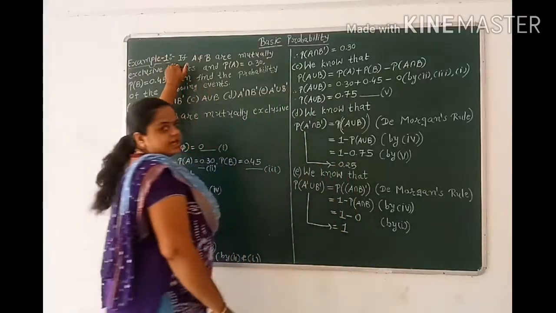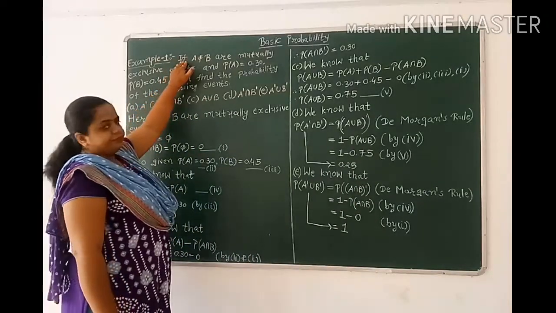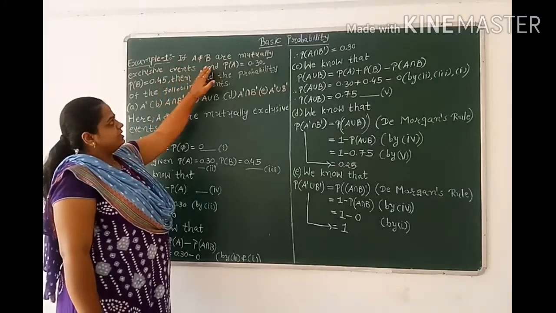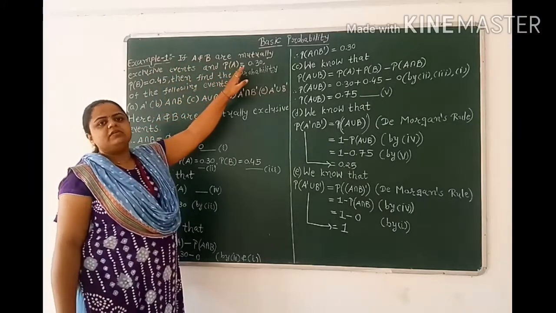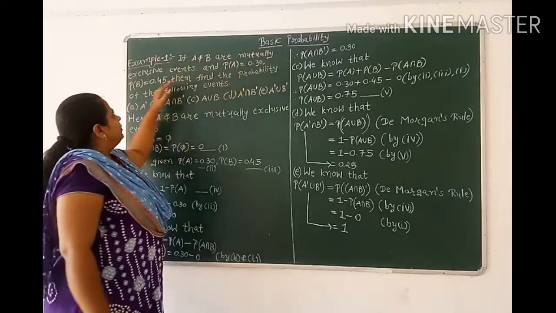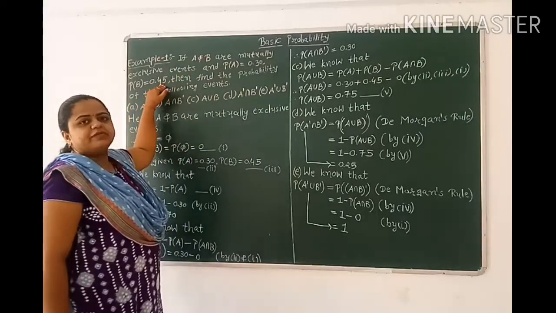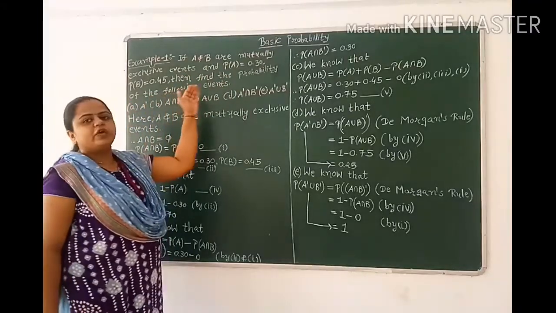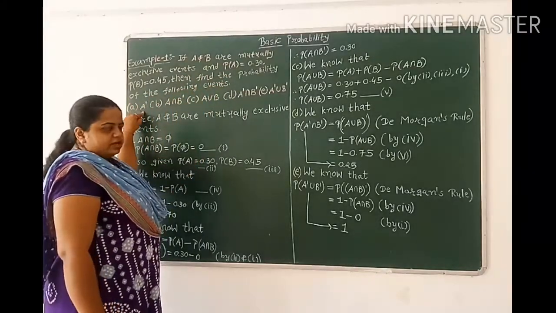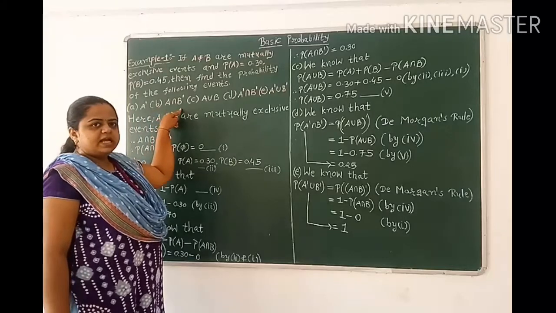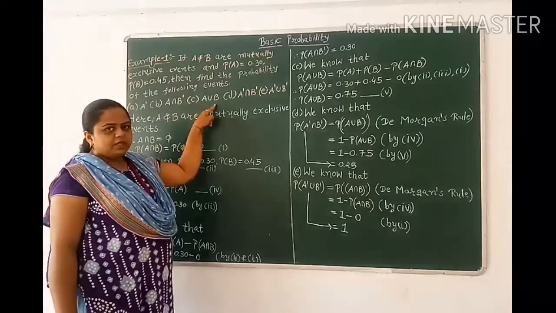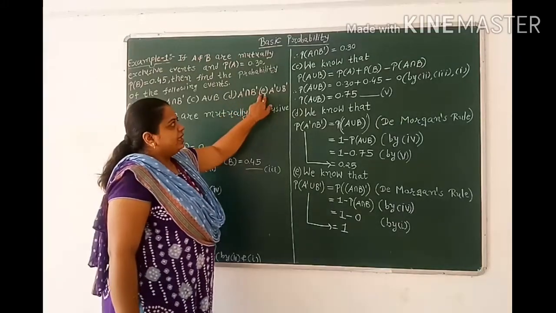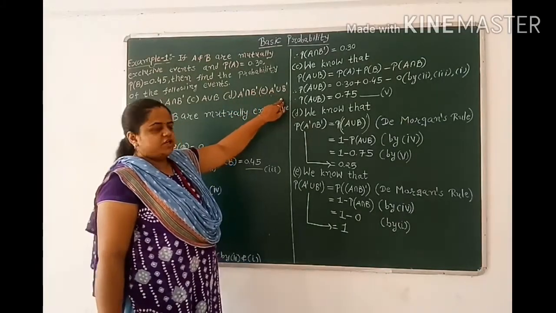Let us consider examples. Number 1. If A and B are mutually exclusive events and P of A is equal to 0.30, P of B equal to 0.45, then find the probability of the following events: A, A dash; B, A intersection B dash; C, A union B; D, A dash intersection B dash; and E, A dash union B dash.